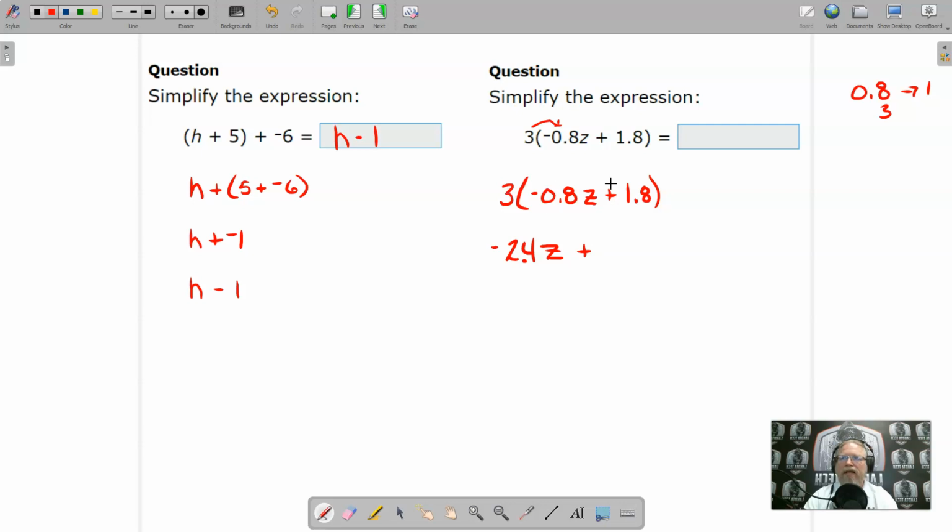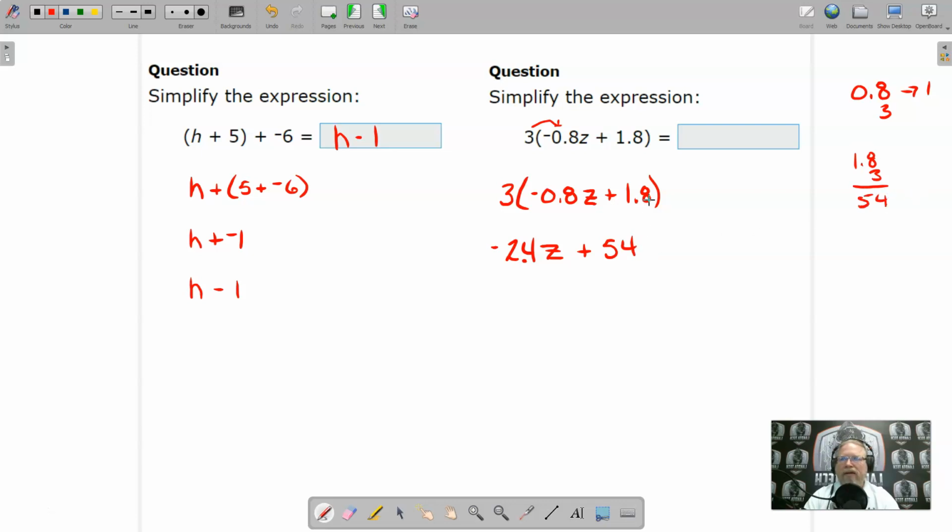Now, 3 times 1.8. I'm going to think of this as 3 times 18. So 3 times 18, well, 3 times 15 is 45. And I took off 3 to get there, so I need to add 9. So it should be 54, I believe. 18 times 3, 4, 2, indeed 54.